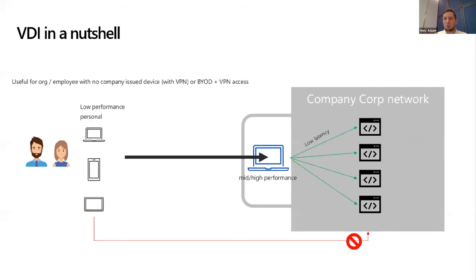That's all IT has to worry about. You've really decoupled your application layer and hardware layer from the end users' requirements and the access they need to get to these different applications.